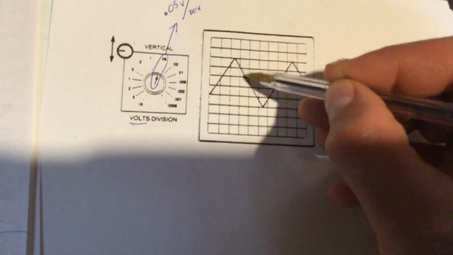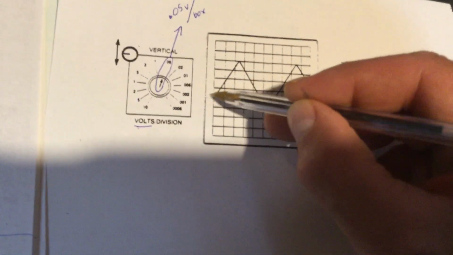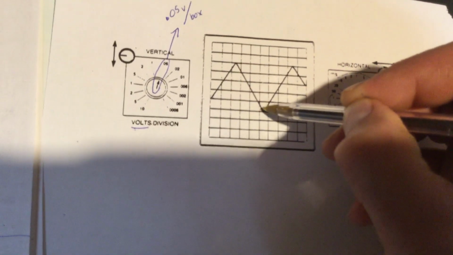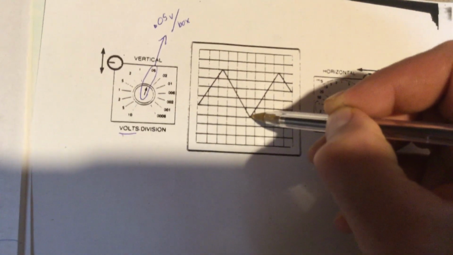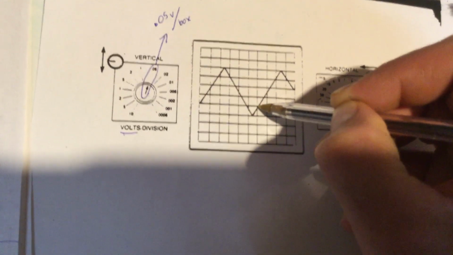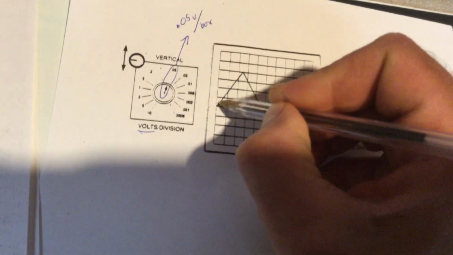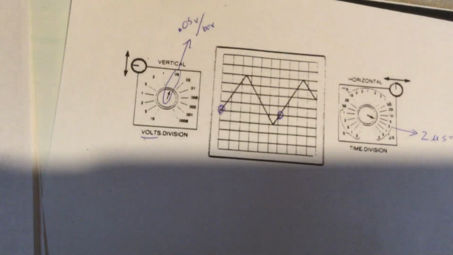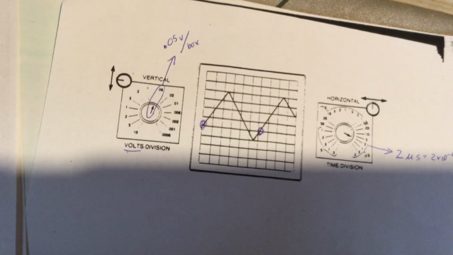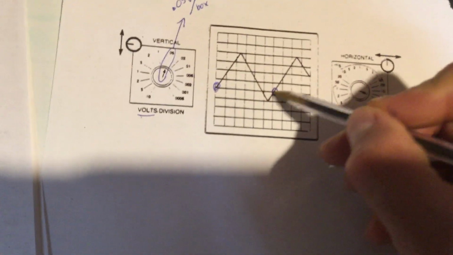Now at first you might think, oh, it starts to repeat there, but not really, because we're going up, we're going down. Now we might be at the same height, but we're going the opposite direction. When it really starts to repeat itself is right there. So from this point here to this point here, that's when the pattern starts to repeat itself. This is one complete cycle.